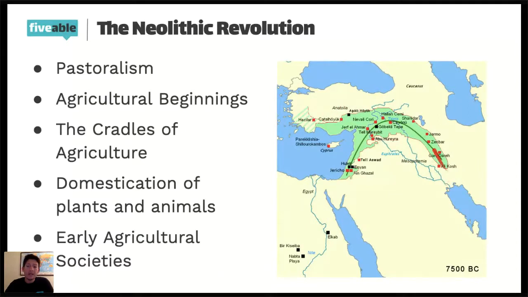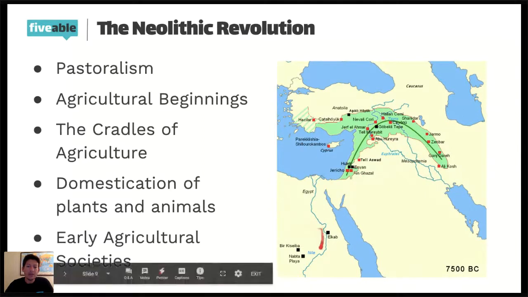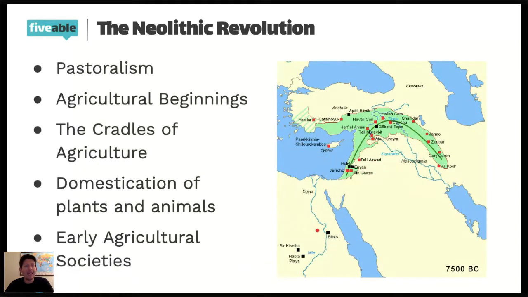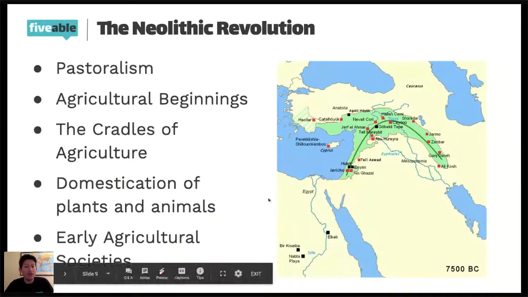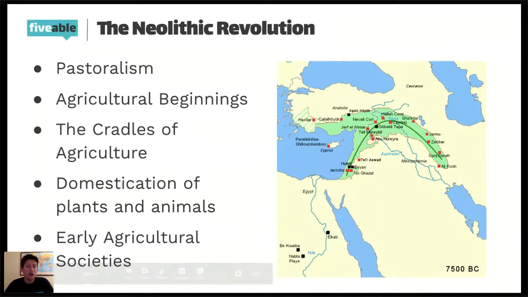But it was in the Fertile Crescent, the region known as Mesopotamia and the Egyptian Valley, that we see the earliest sustained agriculture for humanity. And so these were some of our early places that we see.